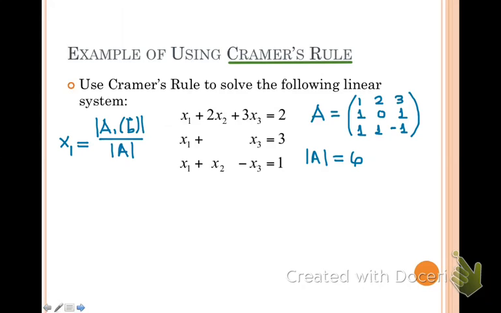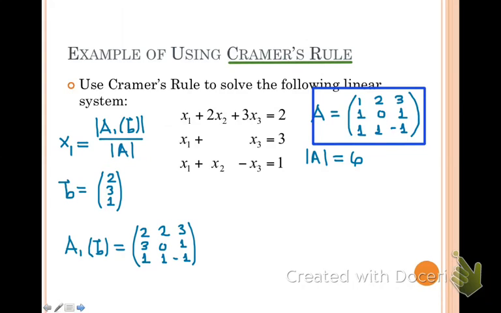So here you see the matrix A, and you can show on your own that the determinant of A is equal to 6. So to find x1, which is given here, we have to take the determinant of A1B and divide it by the determinant of A. So we found the determinant of A. Now we need to think about what A1B is. So here is the matrix A1B.